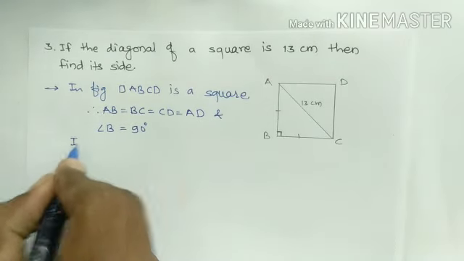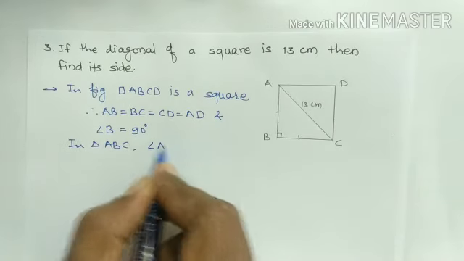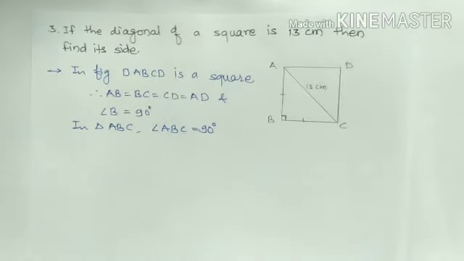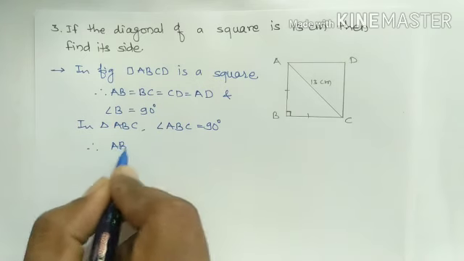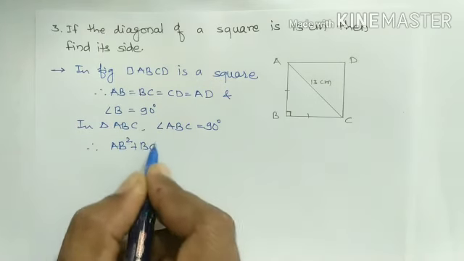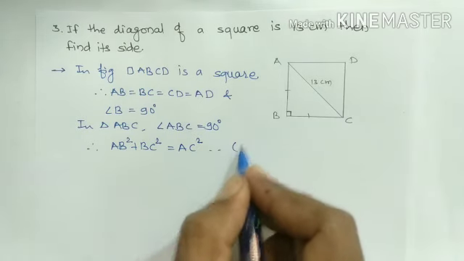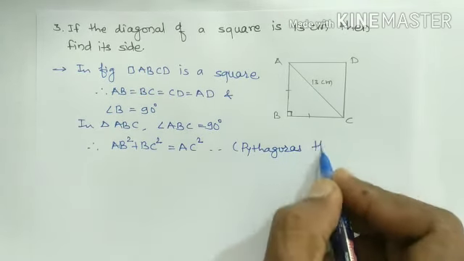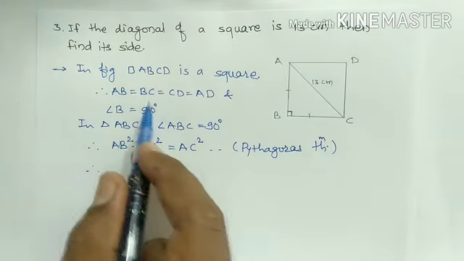Now, in triangle ABC, angle ABC equals to 90 degree, and therefore AB square plus BC square equals to AC square. This is by Pythagoras theorem. And therefore here AB equals to BC.